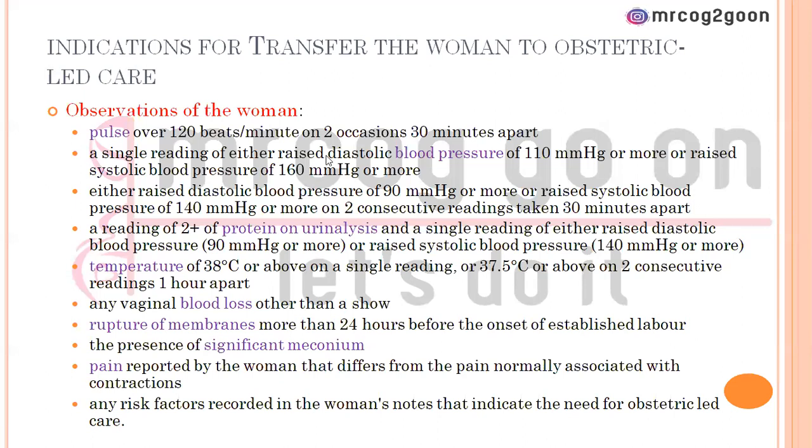We have some criteria related to the woman and some related to the baby.